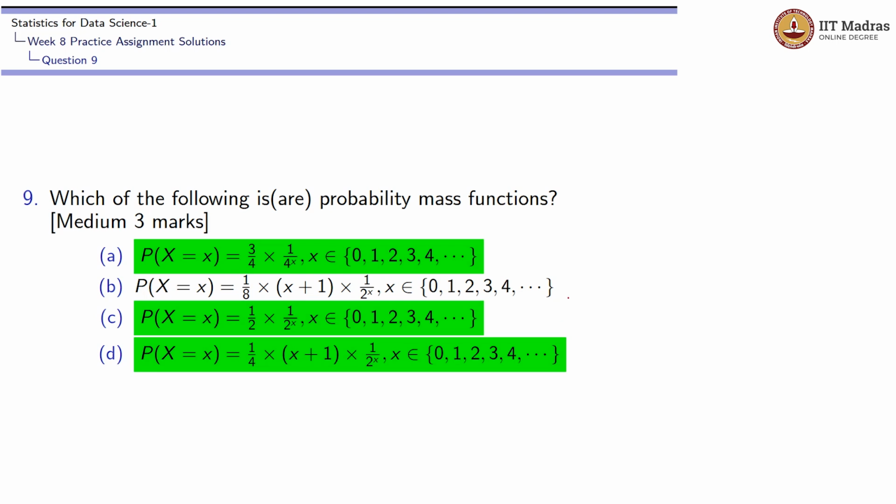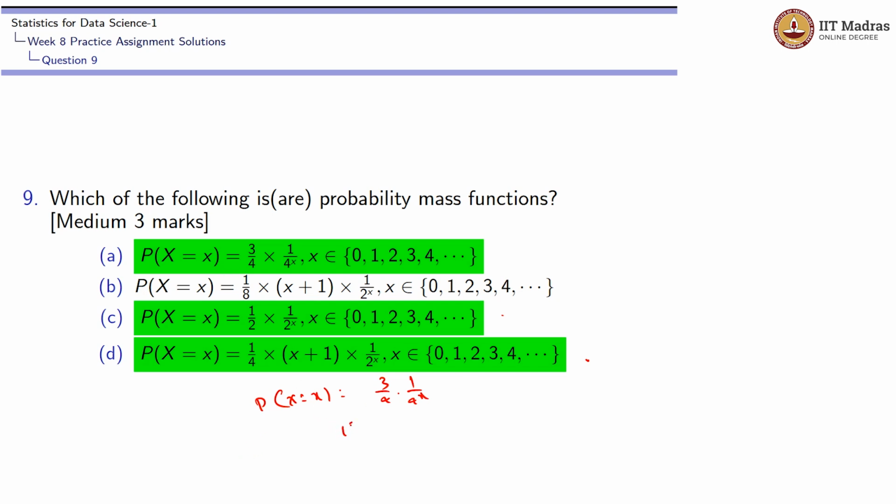The ninth question is, which of the following is a probability mass function? Okay, we will look at each of these. These are infinite series, since we have infinite possible values for each of these x. The first option is P of x equals 3 by 4 into 1 by 4 power x.